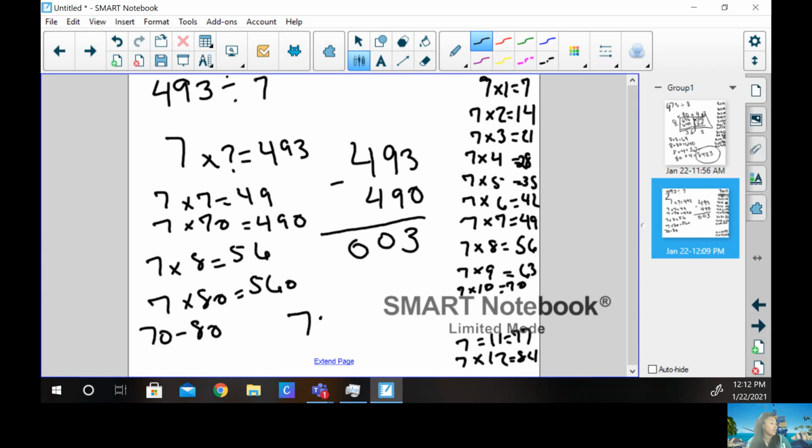So we have 70, and now we have a remainder of 3. So I'm not adding anything to my 70 because I have nothing that I can multiply by 7 to get me close to 3 without going over. So my answer is simply 70, remainder 3.